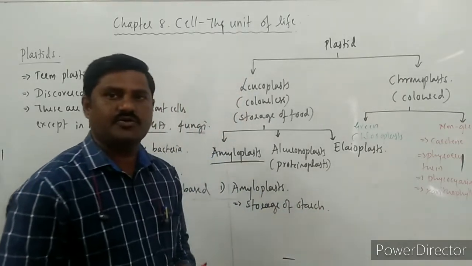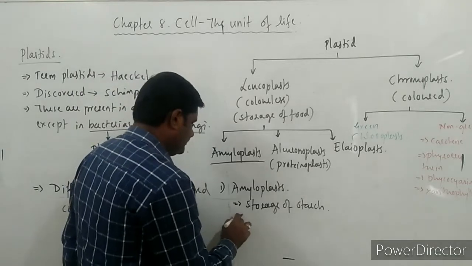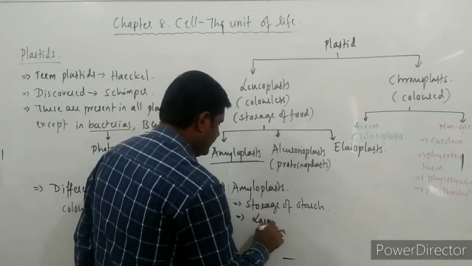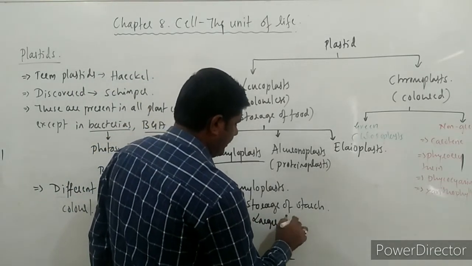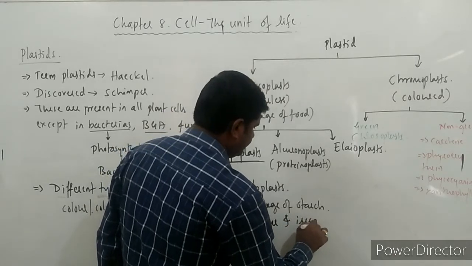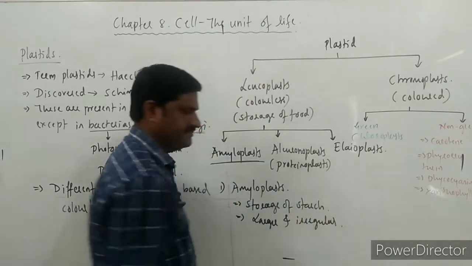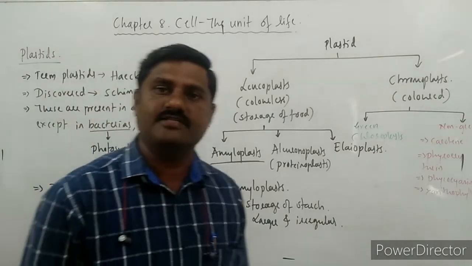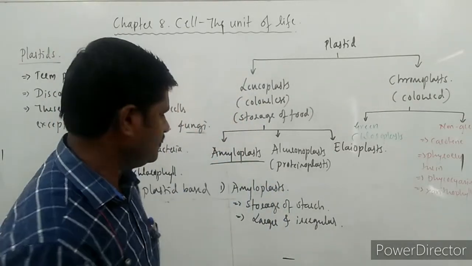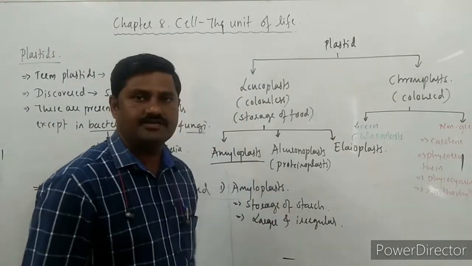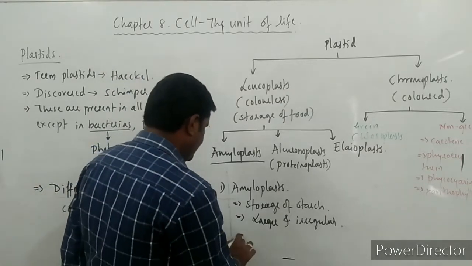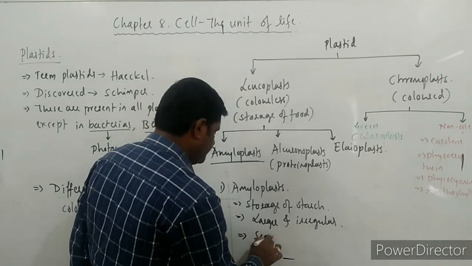These are larger in size as well as irregular in shape. They are irregular, large-sized plastids that help in the storage of starch. This starch is stored in the seeds.